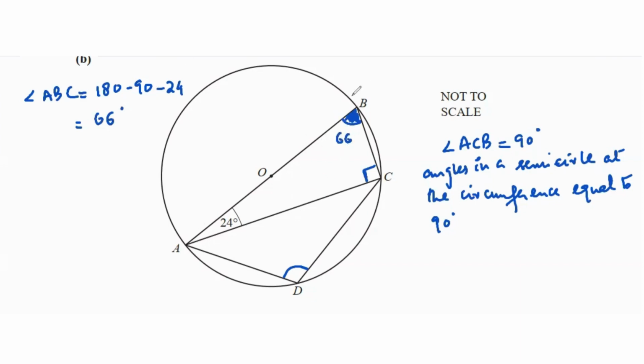So since A, B, C, D touch the circumference of the circle, that means this quadrilateral is a cyclic quadrilateral. And in a cyclic quadrilateral, opposite angles add up to 180. So that means angle ABC plus angle ADC is going to equal 180. Cyclic quadrilateral.